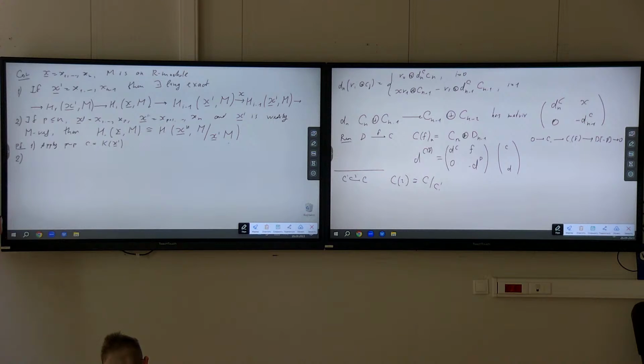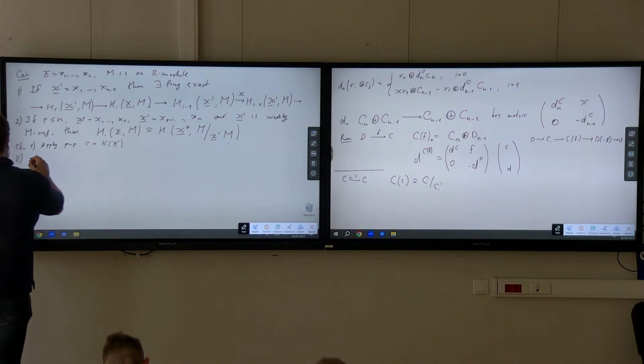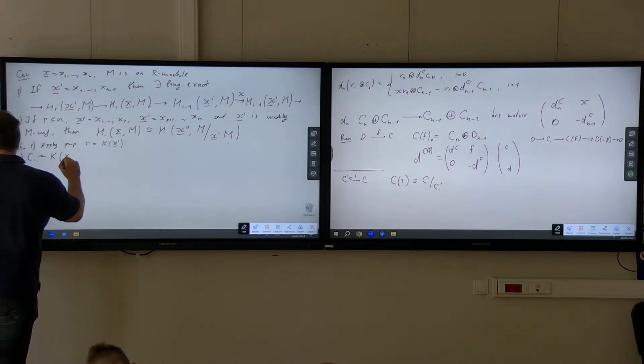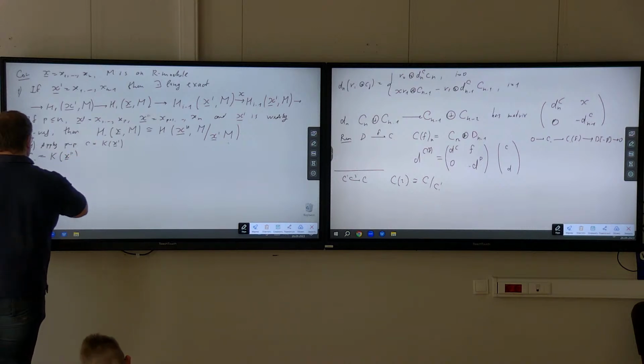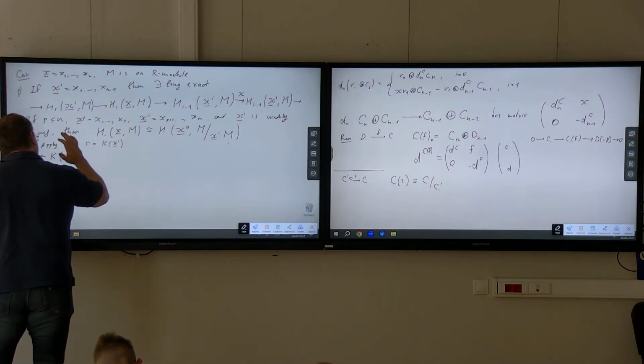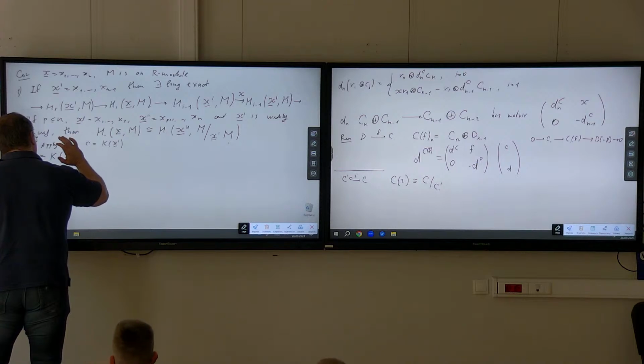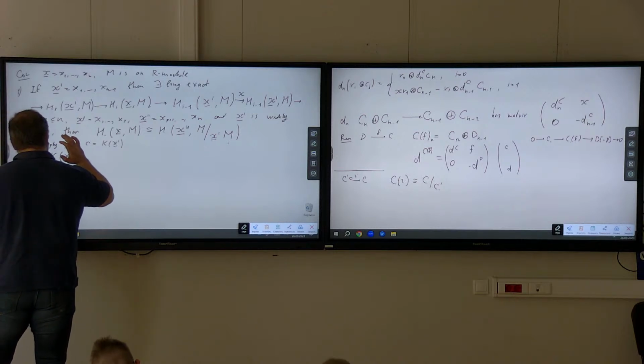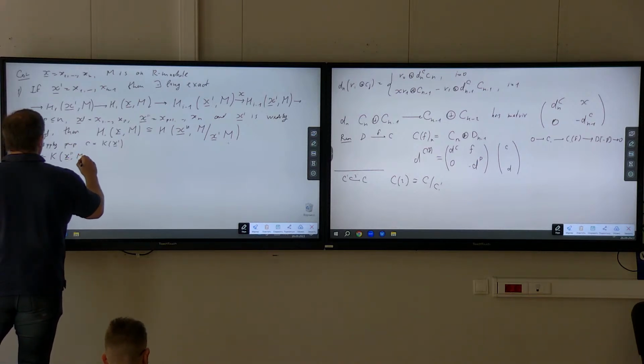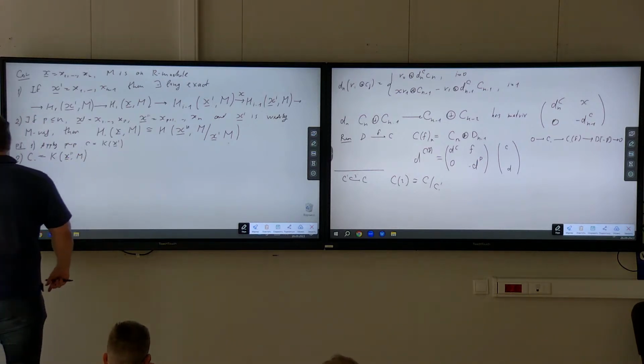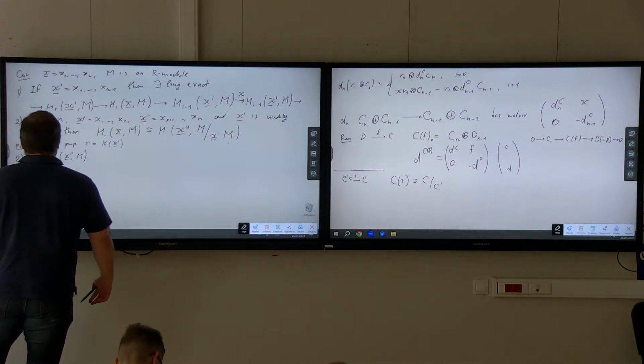Now 2 actually requires some proof. Now I take complex C to be the Koszul complex on the sequence x double prime. Okay, so this is the complex.